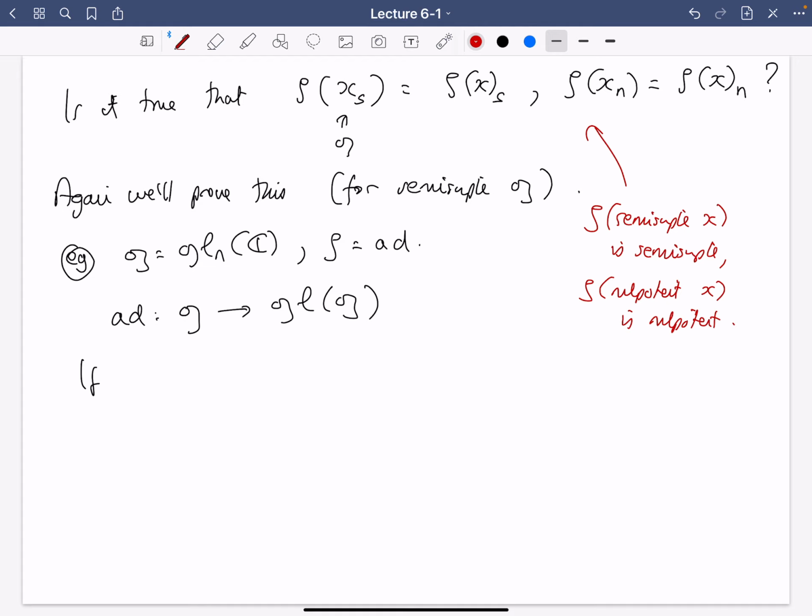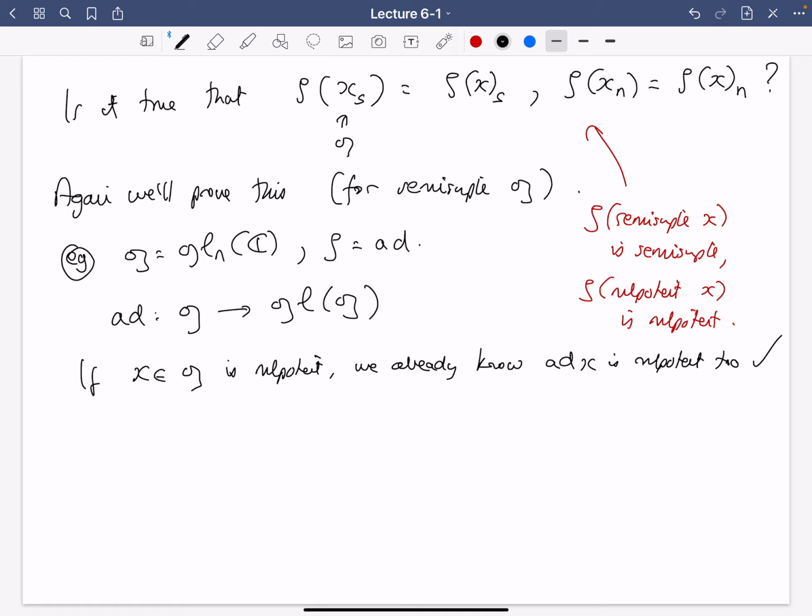If you have a semi-simple element of G and you apply a representation to some other GLV prime, does it stay semi-simple? Or if you apply rho to something nilpotent, does it stay nilpotent? And in this case, if X in G is nilpotent, we already know that ad X is nilpotent too.